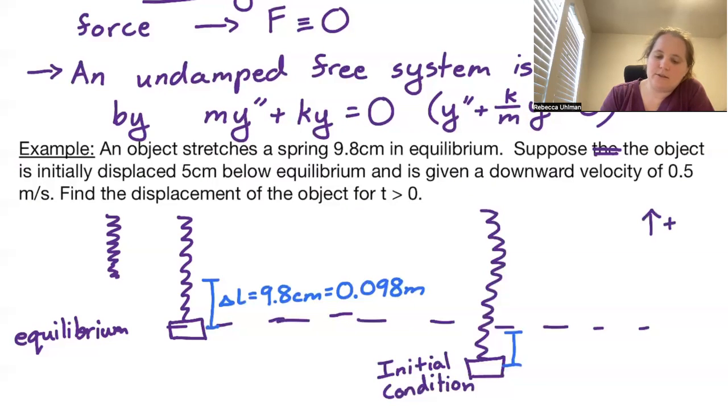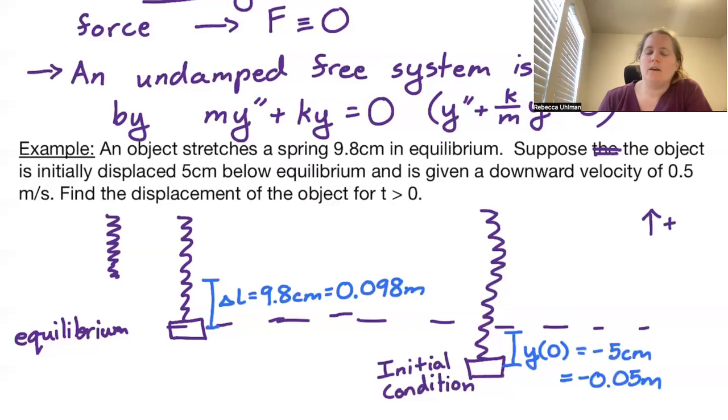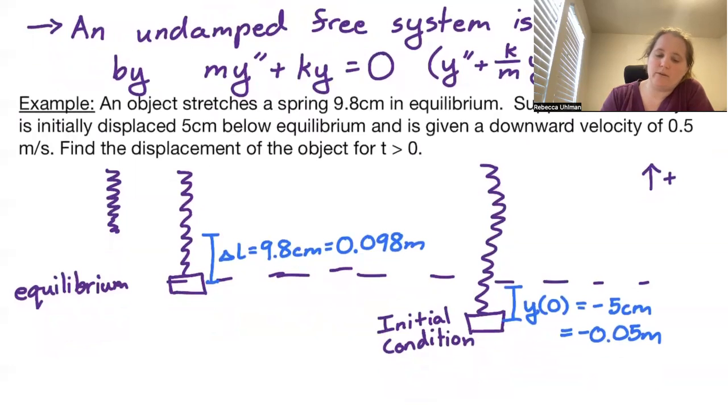So for this downward displacement, y of 0 is -5 centimeters, or in meters, -0.05 meters. And then it's given a downward velocity of 0.5 meters per second.